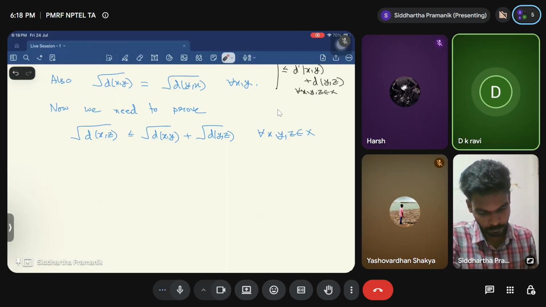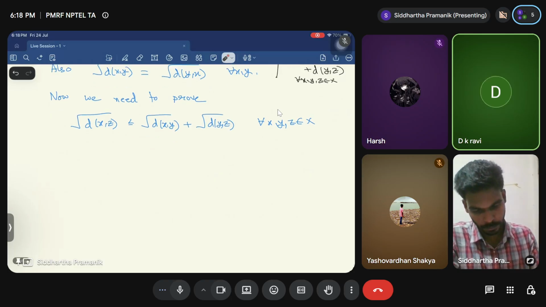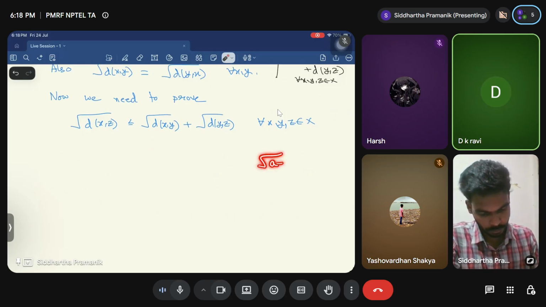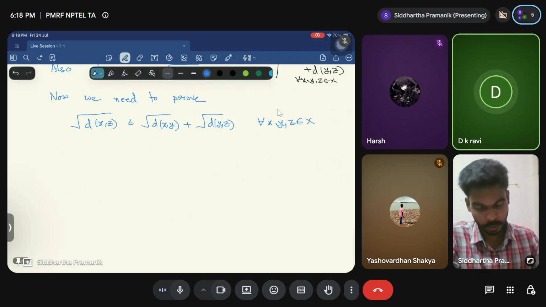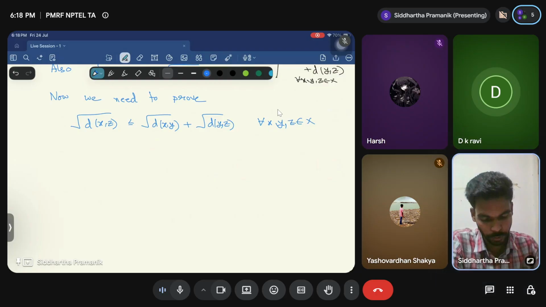You are saying the square root of a plus b is less than or equal to the square root of a plus the square root of b? I think this is not what I was expecting, that is where I am getting some mistake. Okay, so let's see how to do it.